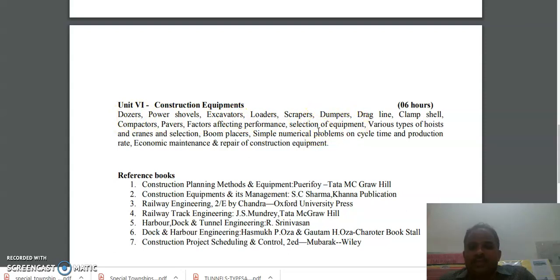Then we can see the output of each equipment, that is work done in unit time, and accordingly we will be able to decide the number of equipments or machines required to deploy for a particular work, and accordingly you can plan or schedule the construction activities.